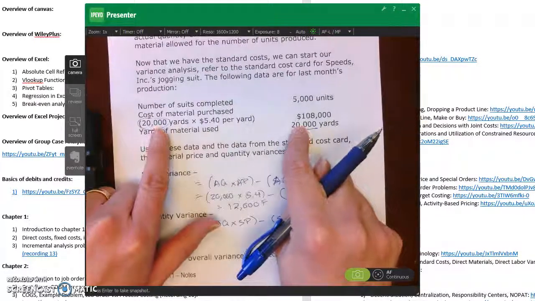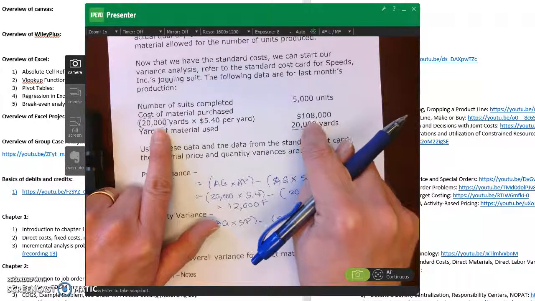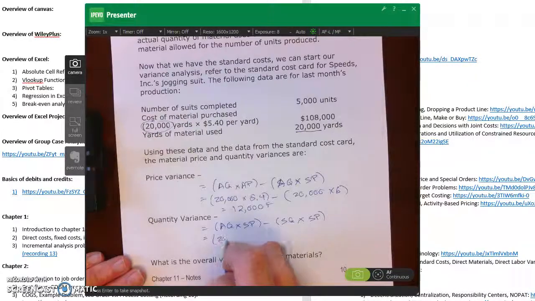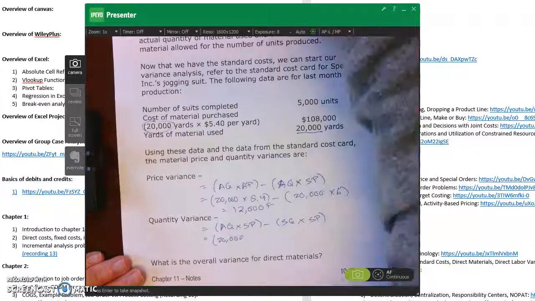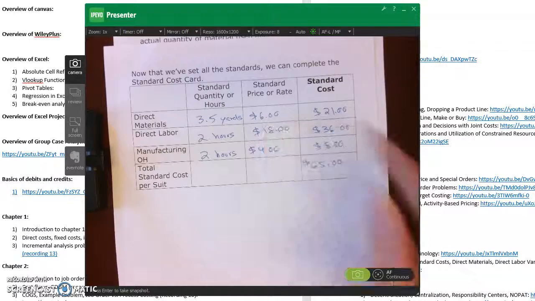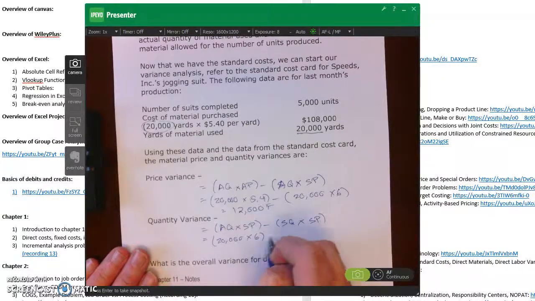Again, these two numbers just happen to be the same in this problem, but they don't have to be. So you want to use the actual quantity used, not purchased. 20,000. And again, I'll look back at my standard cost card to say that my standard price per yard is $6. Okay? Times the $6.